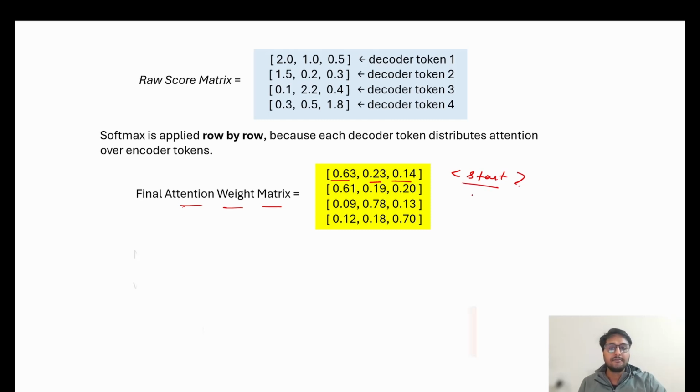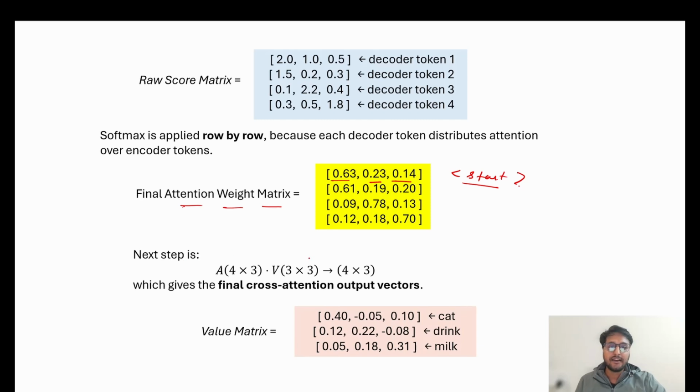Let's understand it this way: the next step is that our attention weight matrix is multiplied with the value matrix, and it will give us a 4 by 3 matrix. The 3s cancel out, and in our value matrix each row represents each encoder input word. The sentence was: cat drink milk.